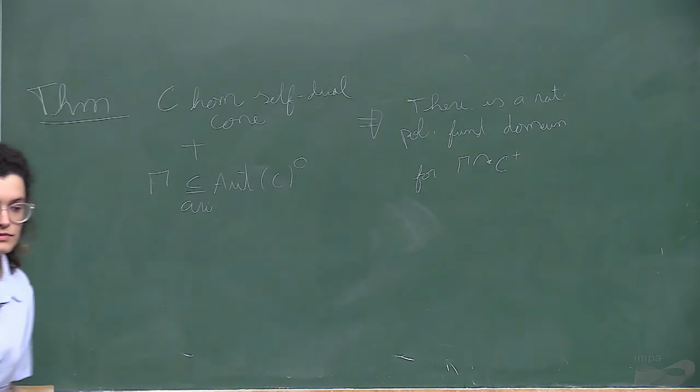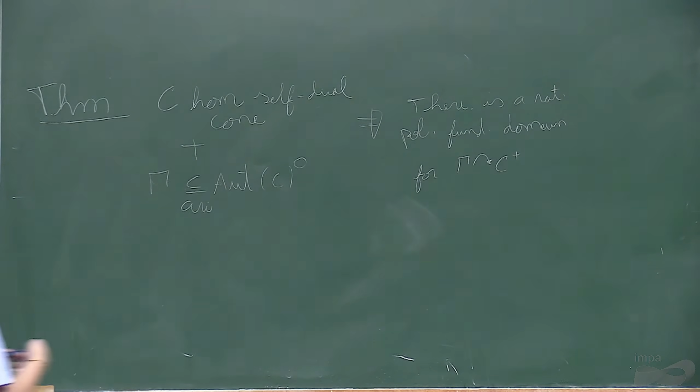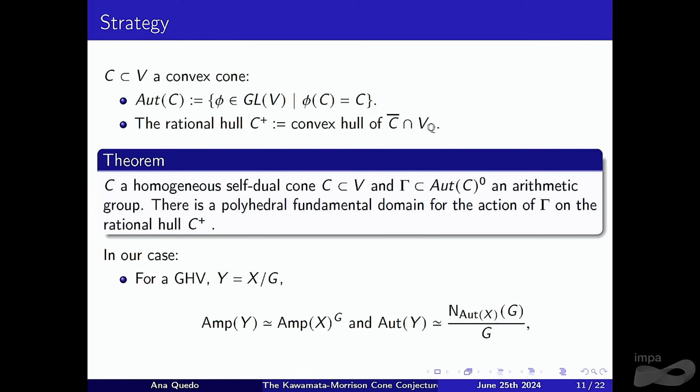And so, in our case, for a GHV, what me and Martina have done was basically adjust what Prendergast-Smith did for the abelian varieties case.